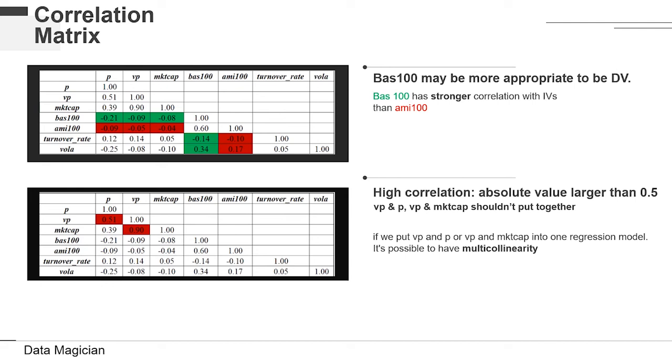As for the IVs, if the correlation coefficient absolute value is larger than 0.5, we'd better not put these IVs in one regression to avoid multicollinearity. Therefore, VP and P, VP and market cap, these 2 pairs are not supposed to be in the same regression. Next, let's welcome my partner to illustrate the regression analysis part.